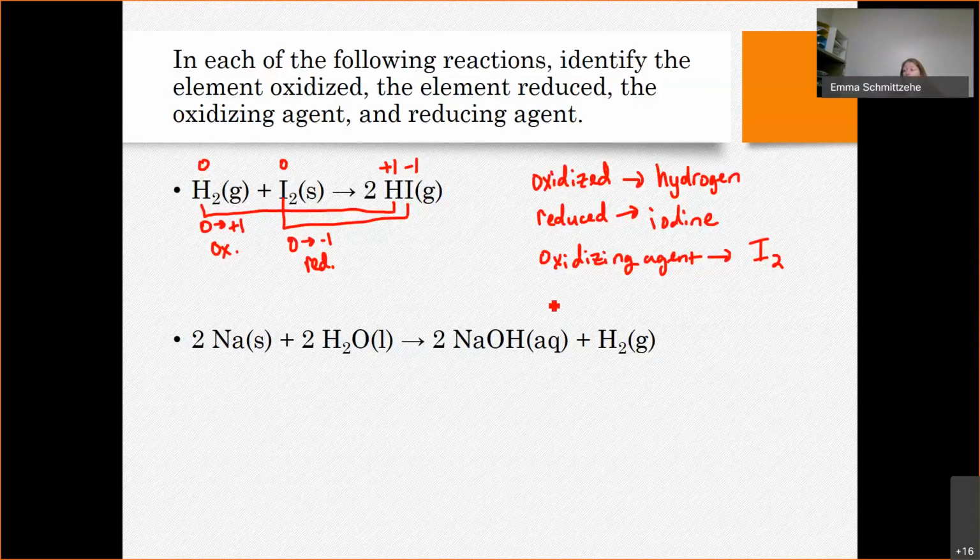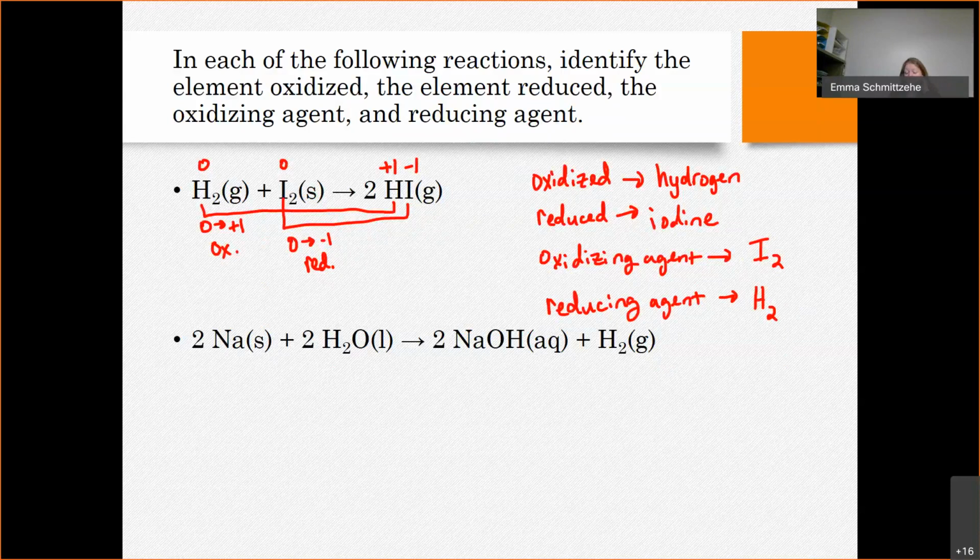And so then the reducing agent is the thing that allows the reduction to occur, okay? And so it is the reactant that contains the thing that is oxidized, because the thing that is oxidized is actually giving up those electrons. And so the H2 is the reducing agent because it gives up electrons, okay?